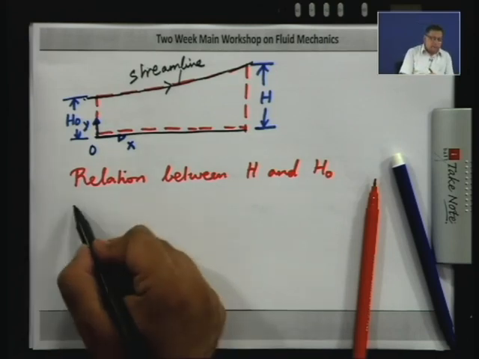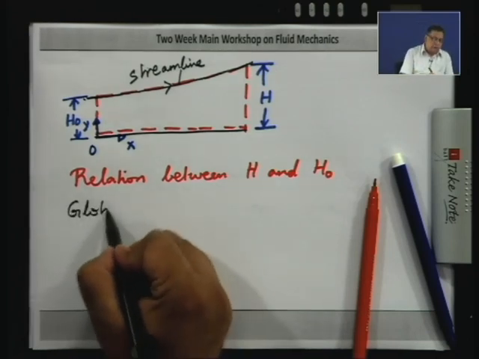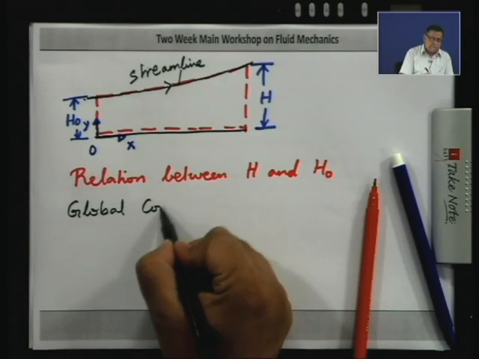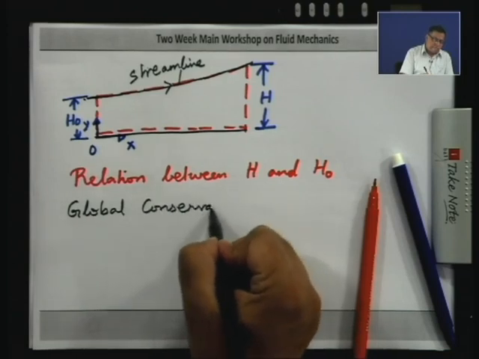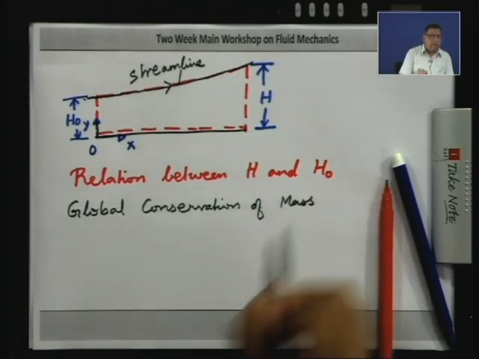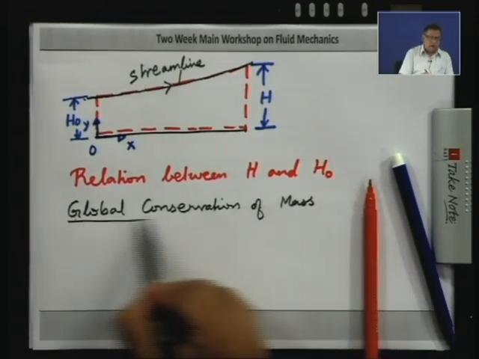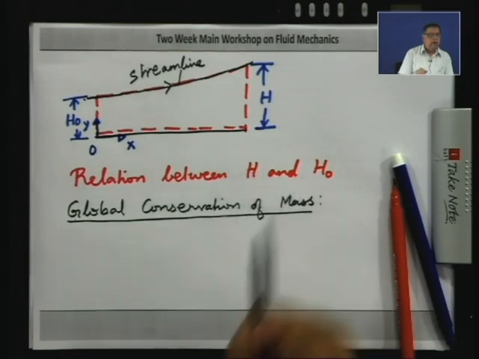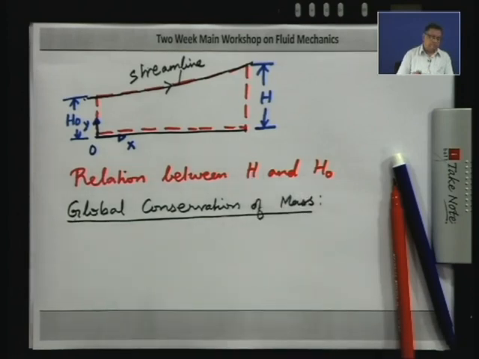Now, first of all, let us apply global conservation of mass. This will give you the relation between h and h naught.